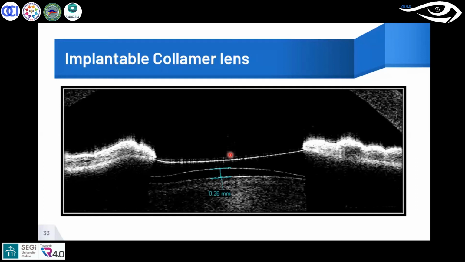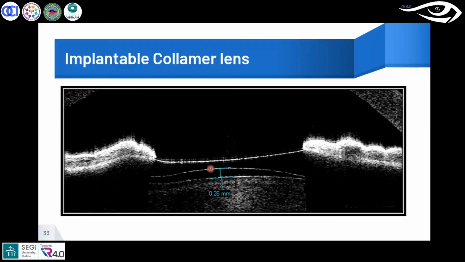There is also one more thing which is measured here, the central vault. This is the distance between the posterior surface of the ICL and the anterior crystalline lens pole. This is the ICL which is placed, and this portion is the existing crystalline lens. So this is the central vault which is being measured.